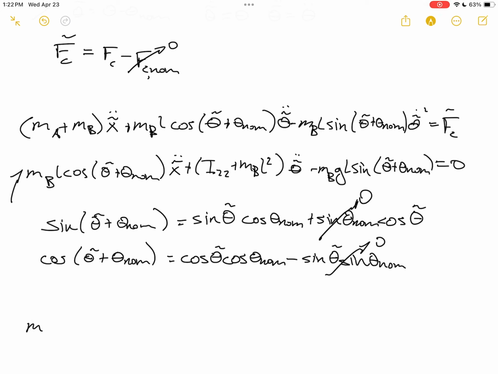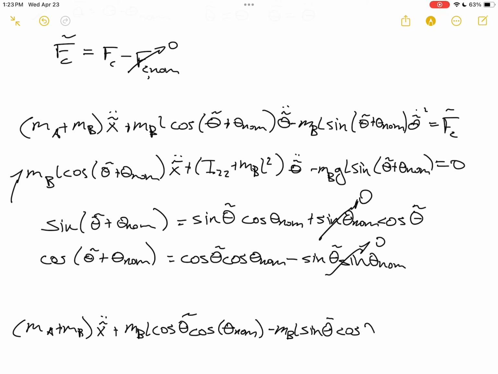And so what we have is MA plus MB x tilde double dot plus MBL cosine theta tilde cosine theta nominal, minus MBL sine theta tilde cosine theta nominal, theta tilde dot squared is equal to FC tilde.